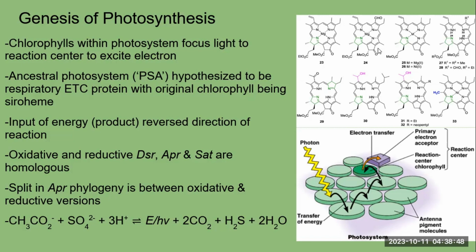Finally, when we look at the phylogeny of APR enzymes, the split at the base of the tree is between the oxidative and reductive versions, implying that the advent of photosynthesis came shortly after the addition of sulfate as an electron acceptor, and that the first photosynthesis was a reverse sulfate respiration pathway.